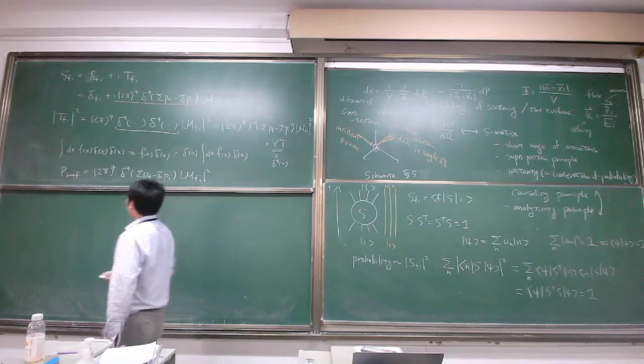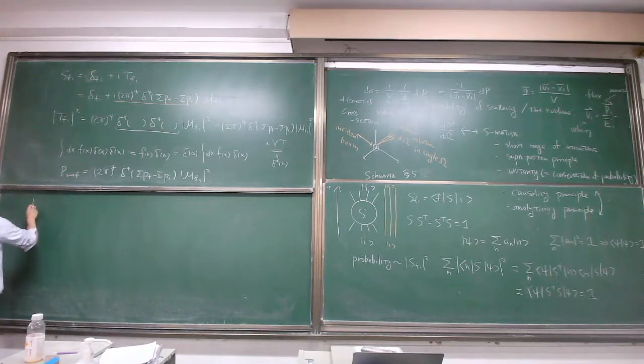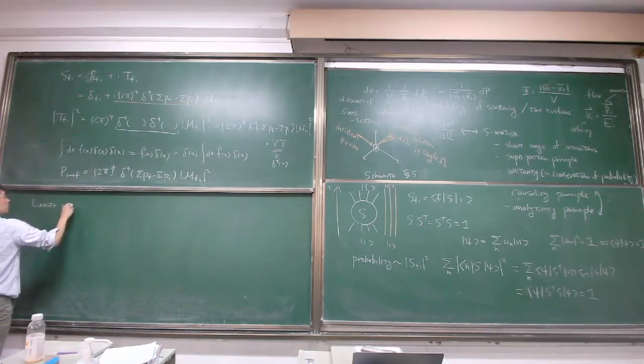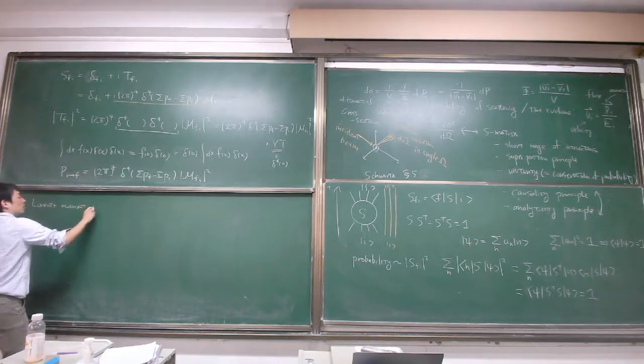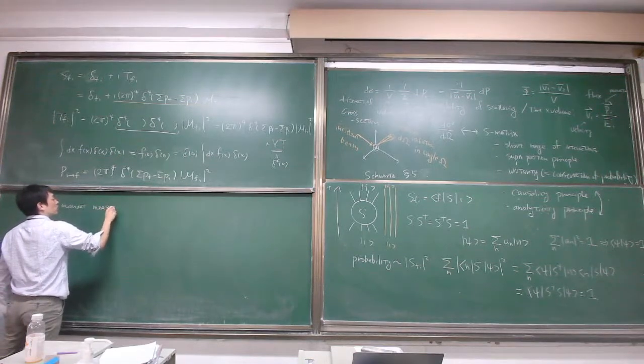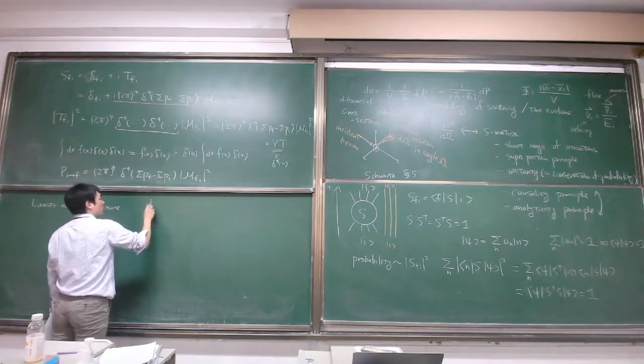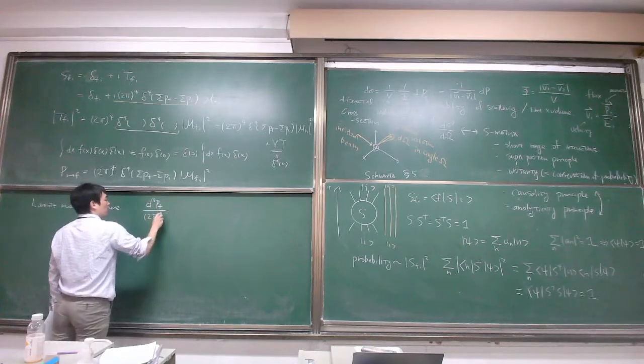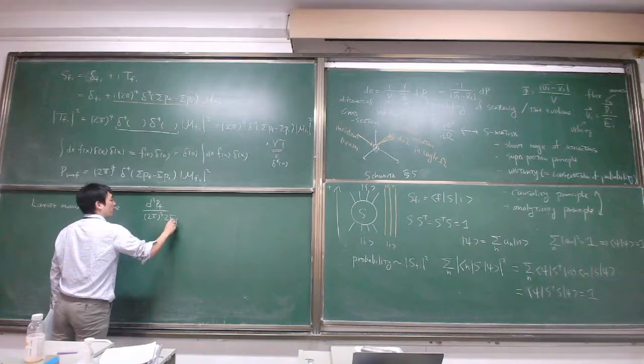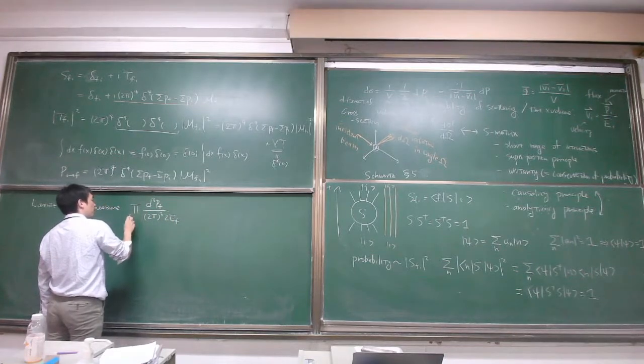And then we know that the Lorentz invariant measure is always of this form: the product over final states of d^3p_f over 2 pi cubed times 2E_f.